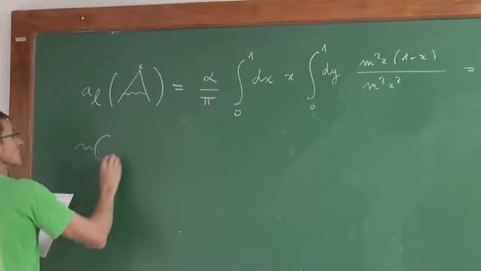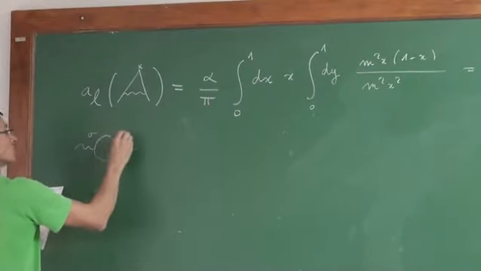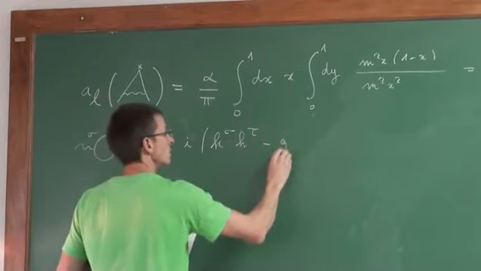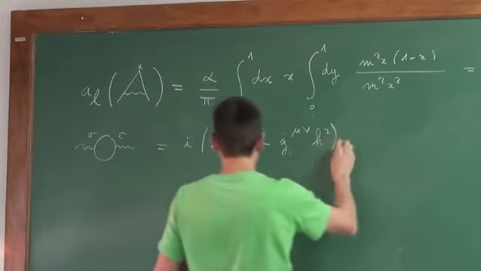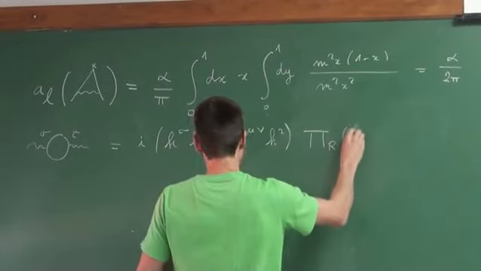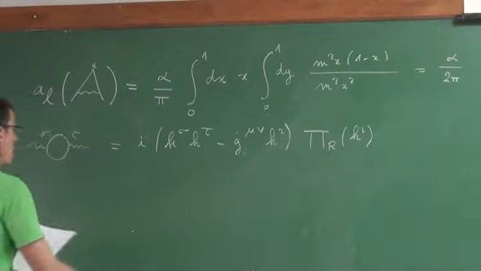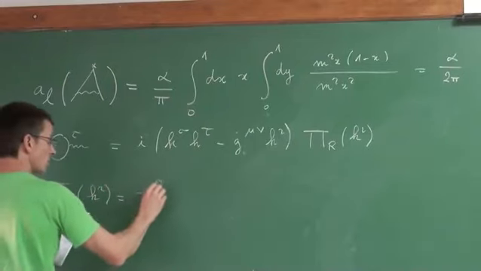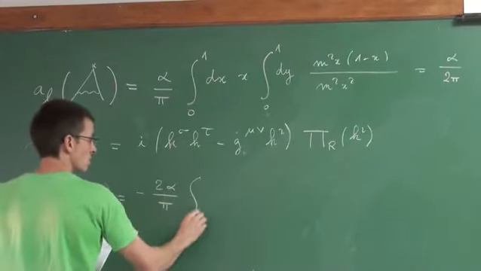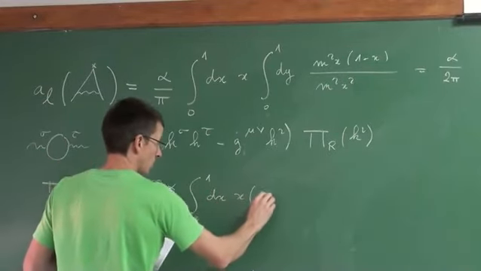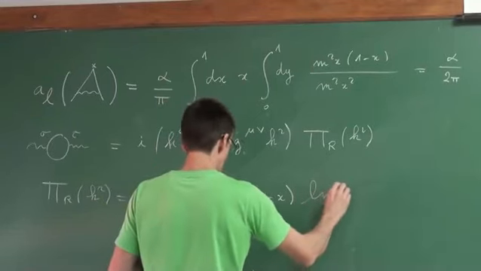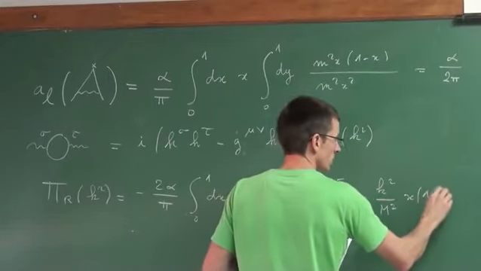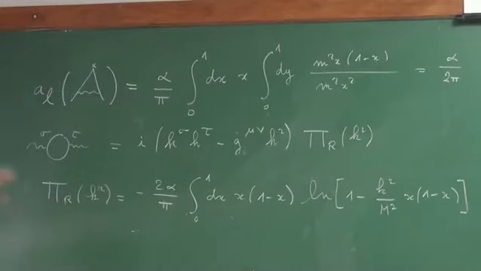We have also shown that the vacuum polarization was given like this, times the function which we have normalized, like this. Simple equations we wrote yesterday.